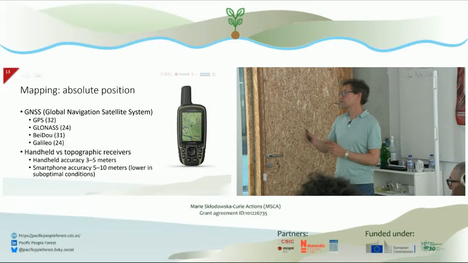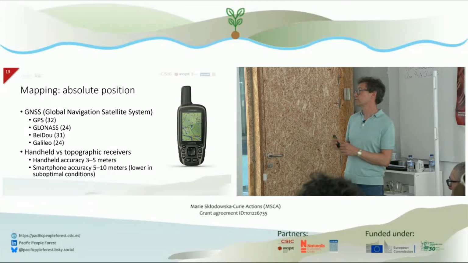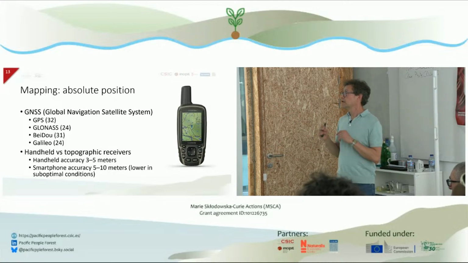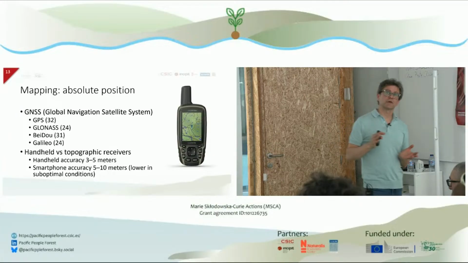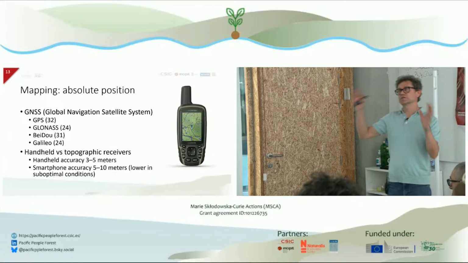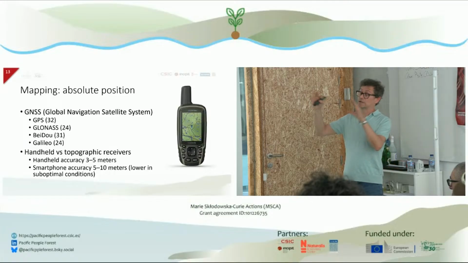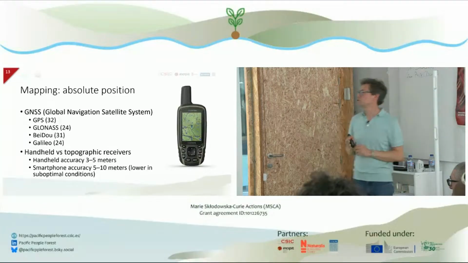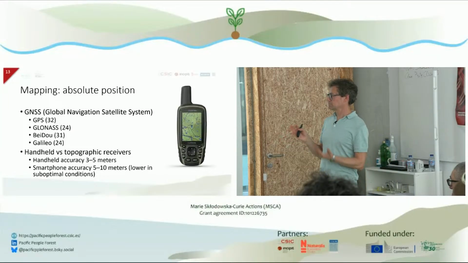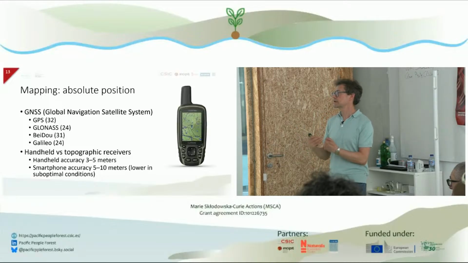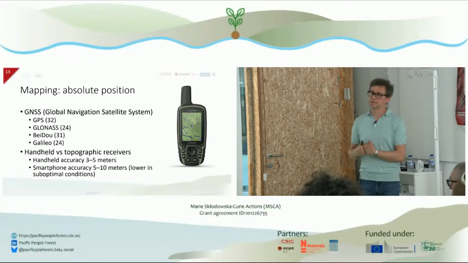A smartphone usually has an accuracy between 5 and 10 meters, only in optimal conditions. By optimal conditions, I mean clear sky, no trees above you, and a good constellation of satellites above you. If those conditions are not optimal, then the accuracy can be even lower than that.